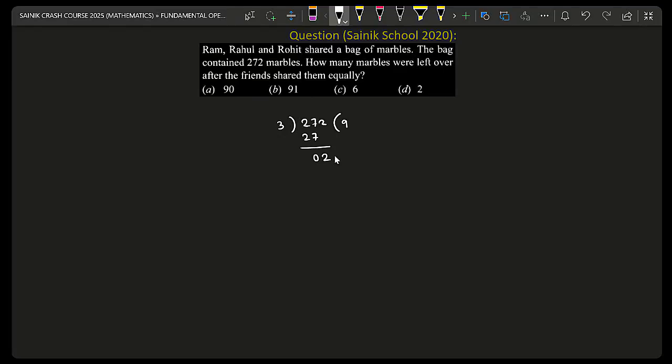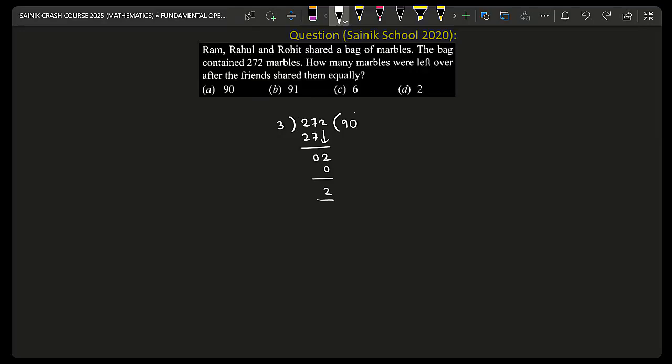Next, use one more 0 because we have taken down 2 now. 3 zeros are 0 and this is 2. This is the remainder, right? Yes, sir. What is the quotient we got?